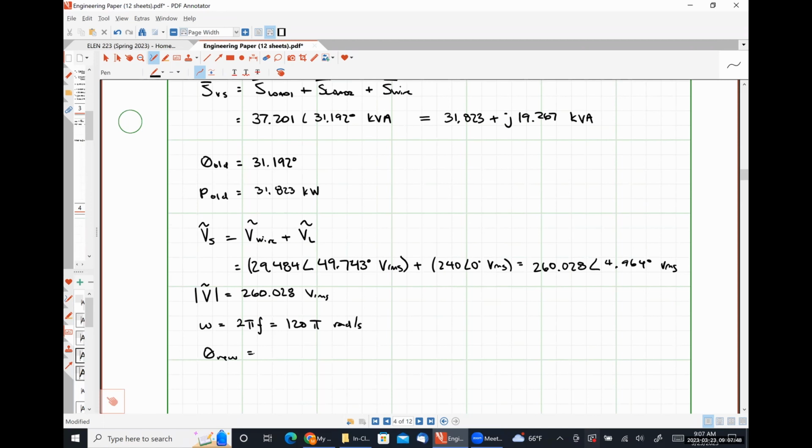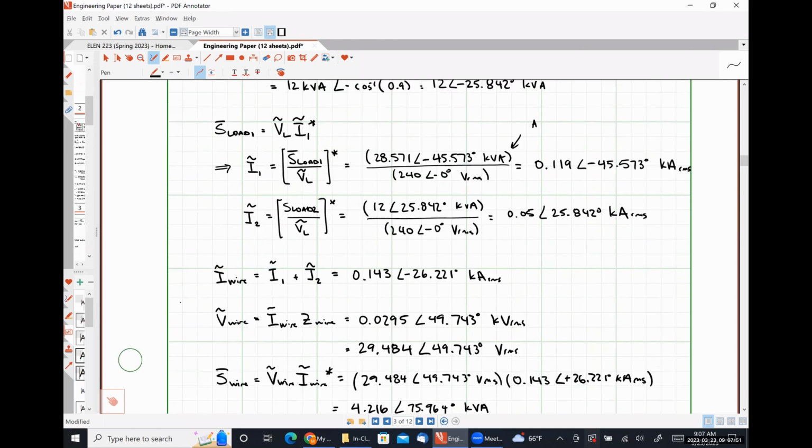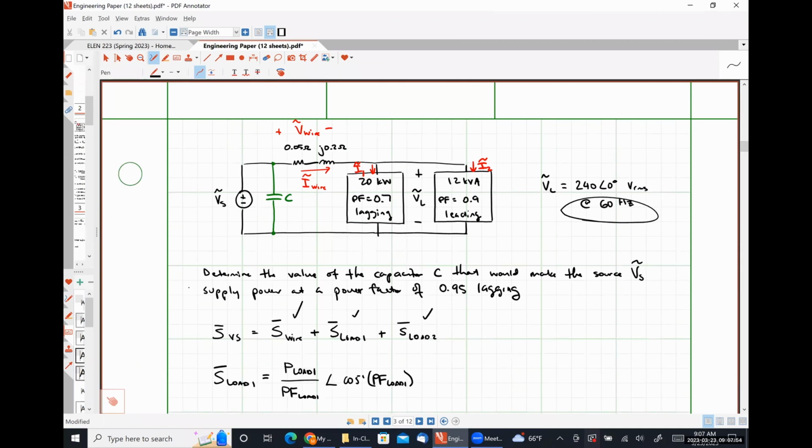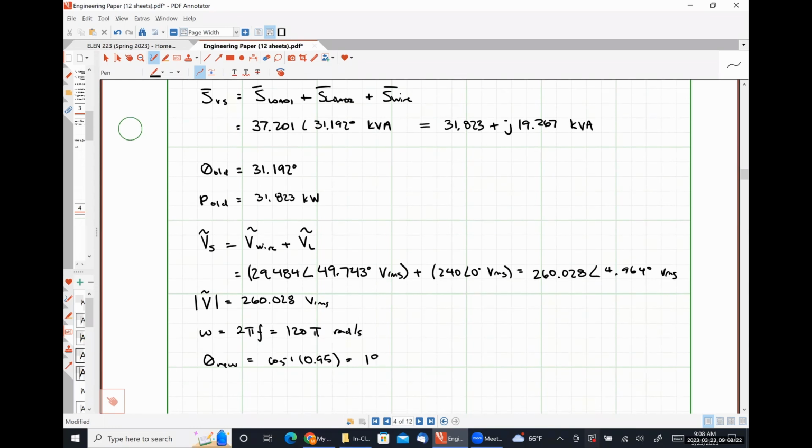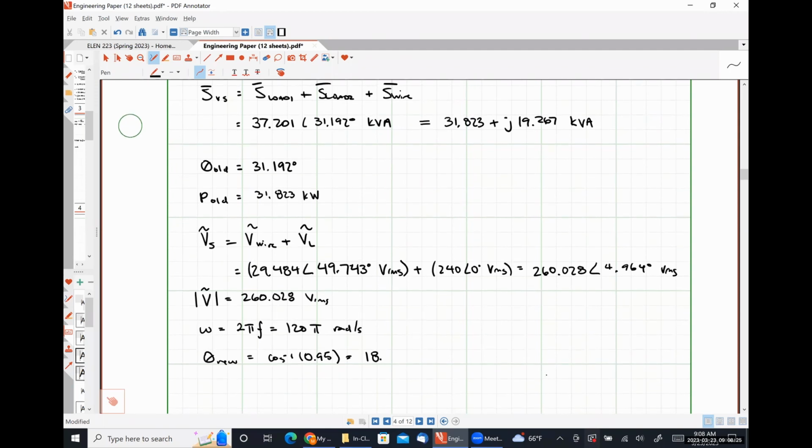What's theta new related to? Our new power factor is right here, 0.95 lagging. So theta new is simply going to be the inverse cosine of 0.95, positive 18.195 degrees.